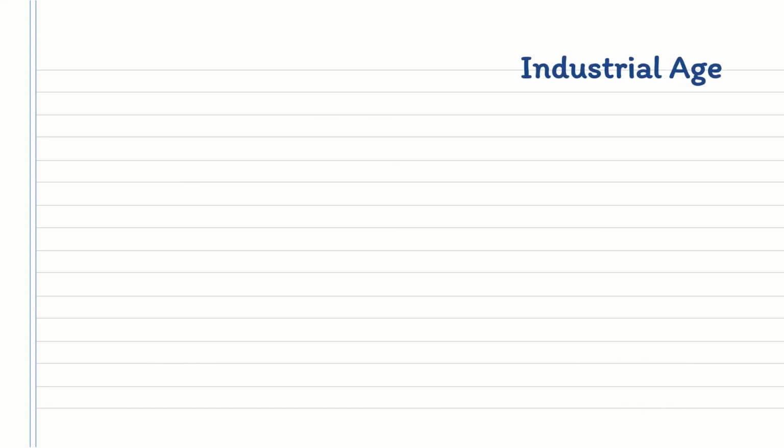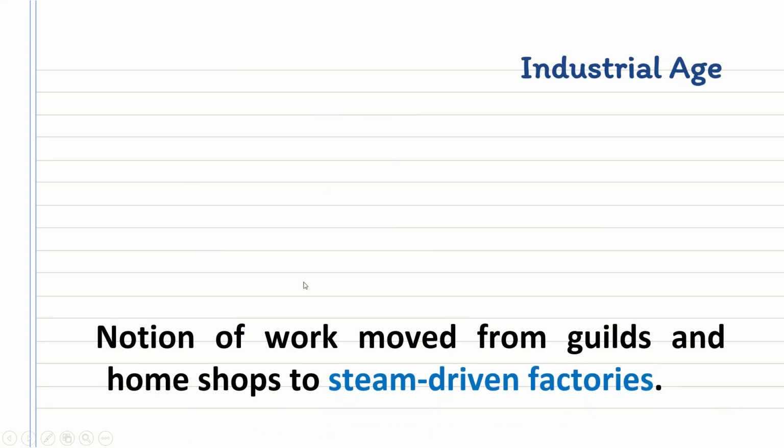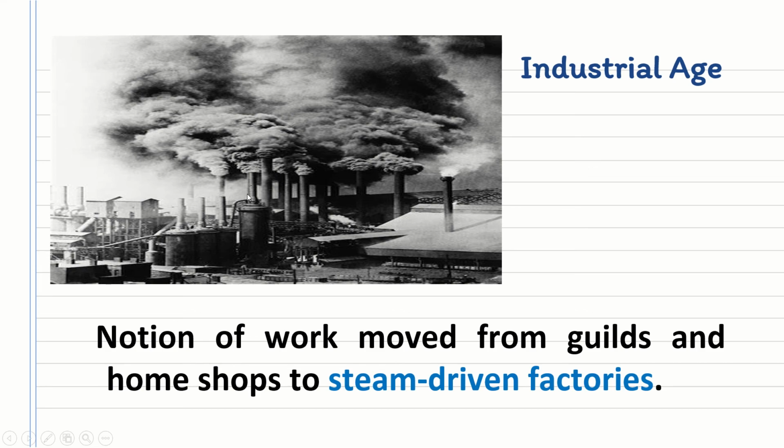After that, it evolved into the Industrial Age. The notion of work moved from guilds and home shops to steam-driven factories. So, eto na yung kasagsagan ng Industrial Age, or the industries were existing. Meron nang mga factories na nagsulputan, kung saan kailangan ito ng mga low-skilled workers who can actually do the routinary work, no?